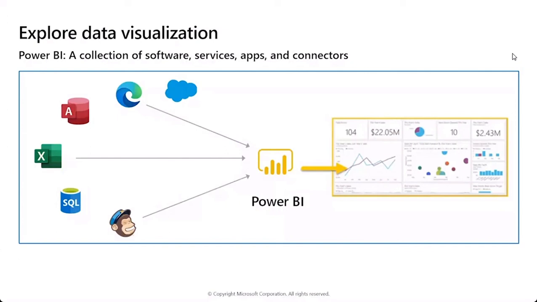Now, business intelligence, or BI, refers to technologies, applications, and practices for collecting, integrating, analyzing, and presenting business information back to the organization. The main purpose of business intelligence is really to support better decision making. Business intelligence systems can provide historical, current, and predictive views of the business operations.